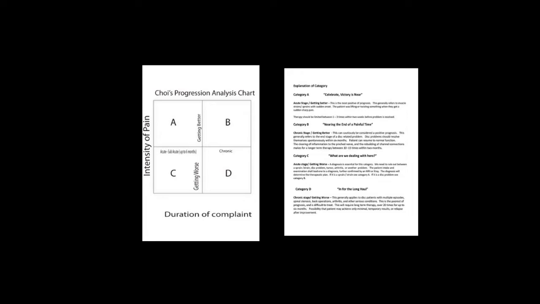The prognosis I call celebrate. Victory is near. Especially in cases of piriformis syndrome, which is a form of peripheral nerve impingement, but it's a form of muscle shortening we'll get to shortly. Patients with piriformis syndrome may have been to many other doctors and not gotten relief.